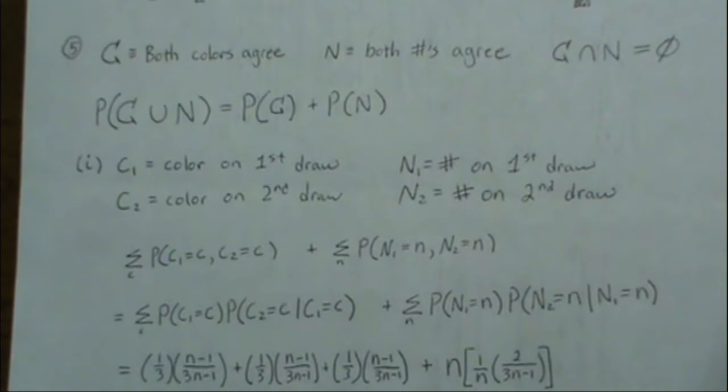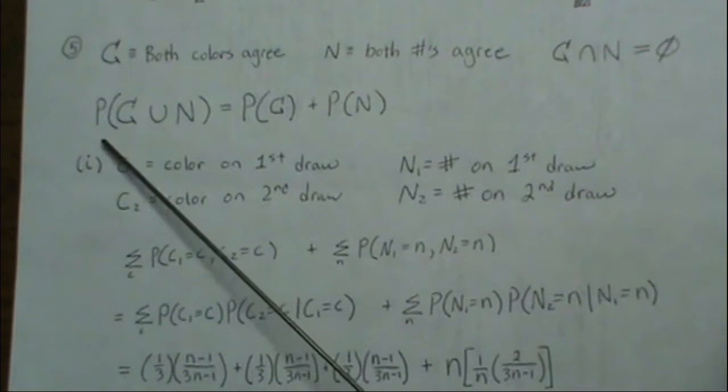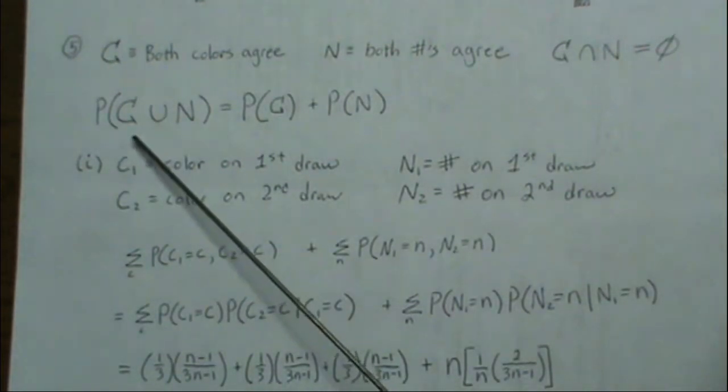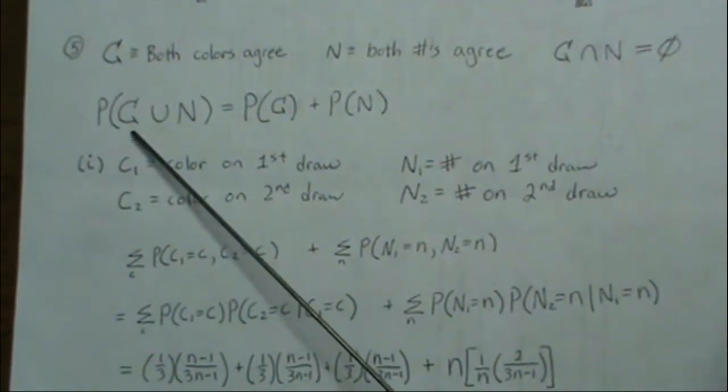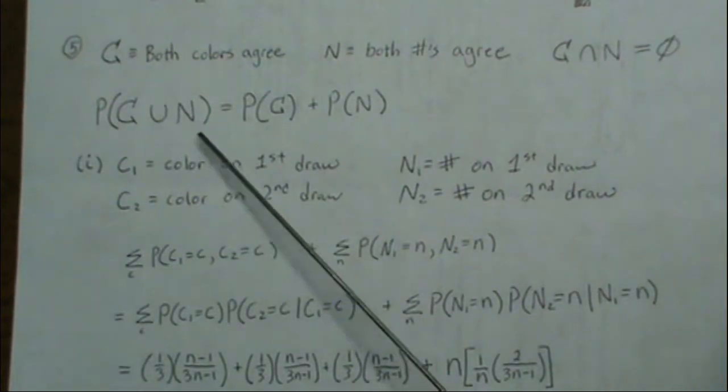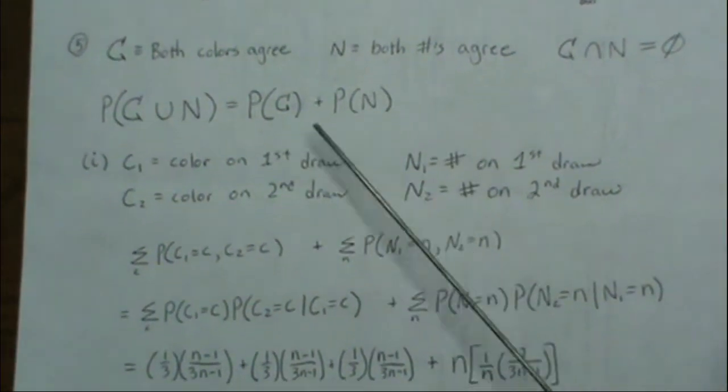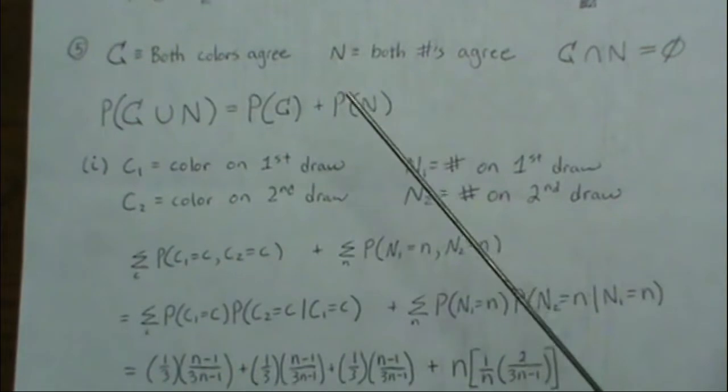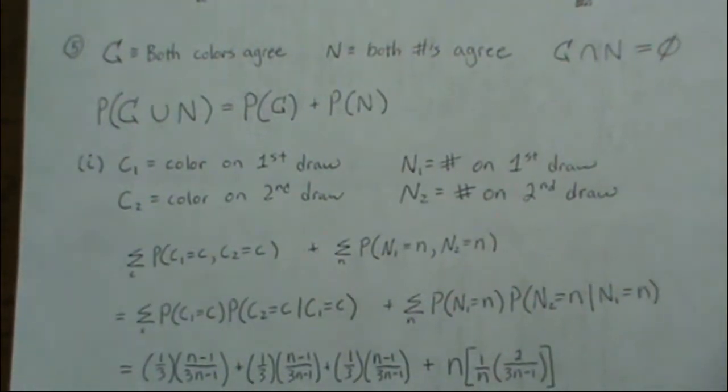But if we have 2 chips where the numbers agree, then the colors can't be the same. So the intersection is the null. And we're asked about the probability that both colors agree or both numbers agree. So that's equal to the probability that both colors agree plus the probability that both numbers agree.